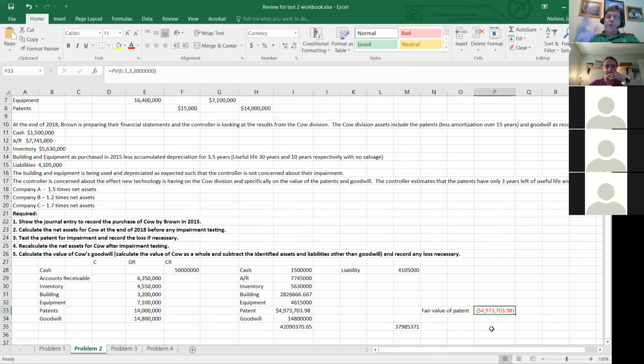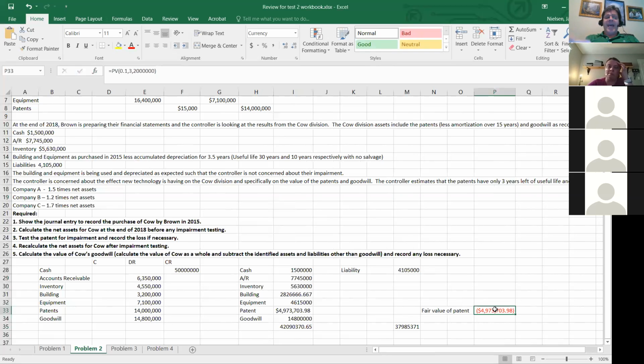If the question asked for a journal entry to record that impairment, we would need a journal entry for the difference between that 10.7 and the 4.9. So about $5.8 million loss. That would be a debit to loss, credit to the patent.